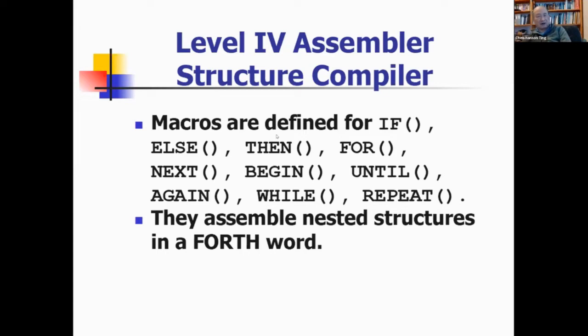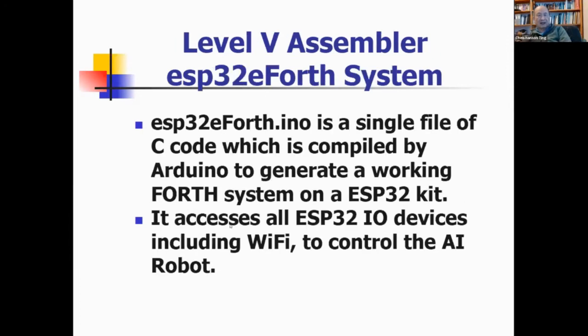And so it's for next for loops, and then begin until again while repeat for indefinite loops. And these macros allow me to assemble structures in FORTH words. This way, I can build the entire FORTH system inside C using a C compiler.